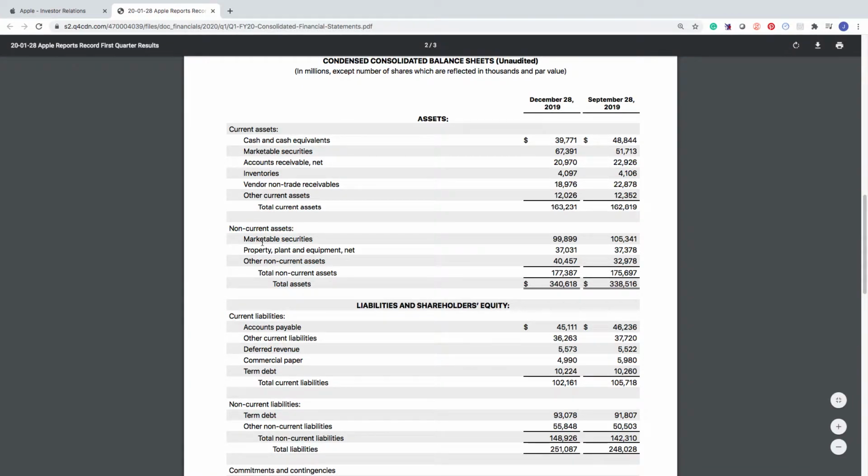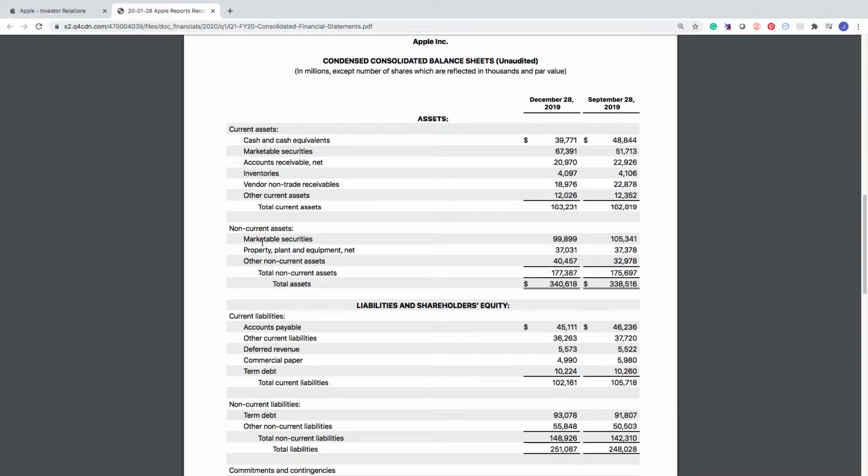Non-current assets are the resources that Apple has which it will not be able to convert into cash in a period of less than 1 year. So this is the way that typically a balance sheet of a company is divided.